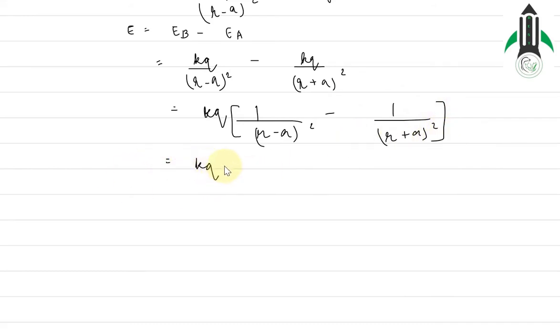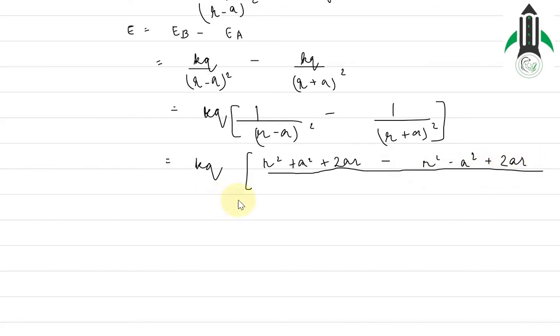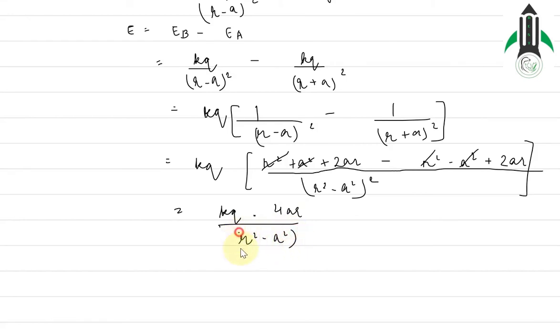Taking the LCM, we'll get r square plus a square plus 2ar minus r square minus a square plus 2ar, upon (r square minus a square) whole square. So these two cancel, and we are left with kq into 4ar upon (r square minus a square) whole square.